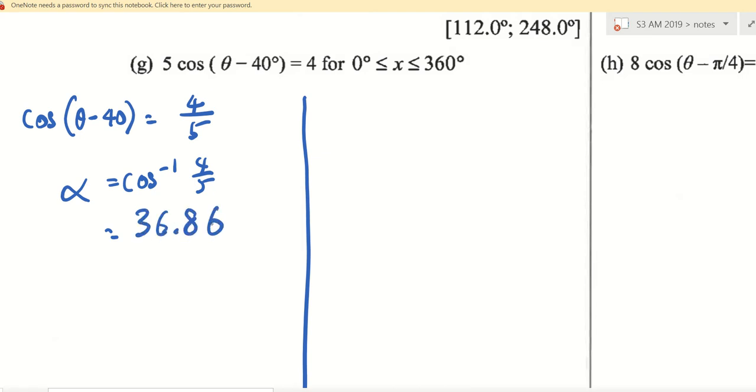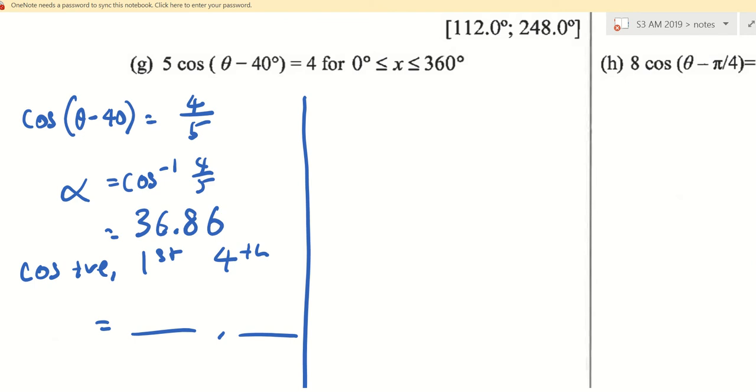Now, once I find my reference angle, the next thing I need to write is, Dexter, what must I write? Cosine positive. Excellent. Cosine positive is in which quadrant? Very good. Irfan, what do I write next? Equal to blank blank. But what do I write on the left hand side? Very good, theta minus 40. You all are learning very well. May I ask what is the first quadrant? 36.86.